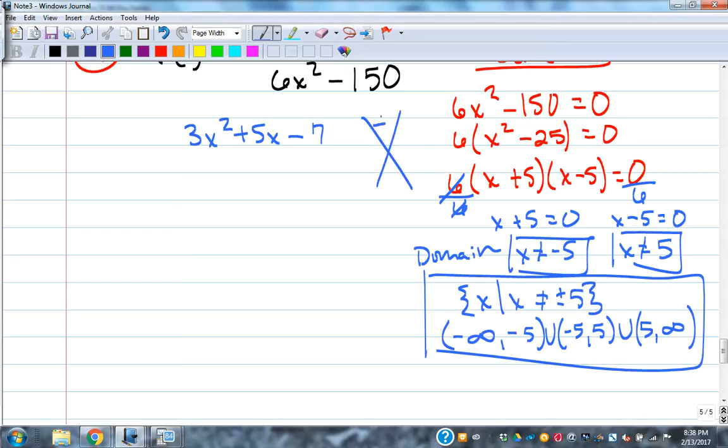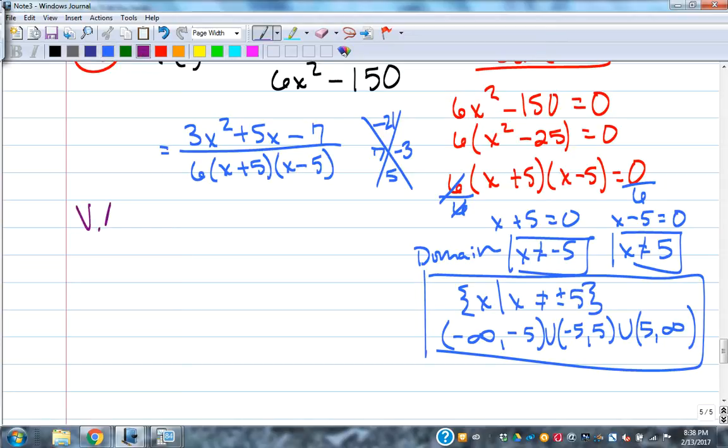It's a trinomial, so we need factors multiplying to negative 21 and adding to be 5. Is there anything that does that? 7 and 3 are only options. One's got to be negative, and that adds to be 4, not 5. So it doesn't factor. So I'm going to write this in factored form here because it can.